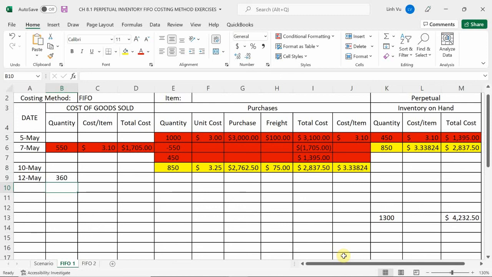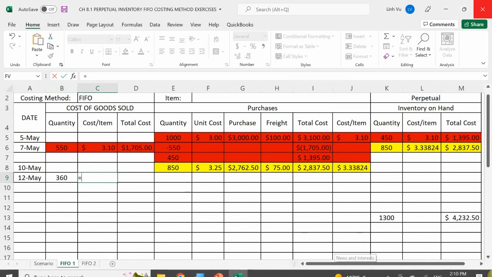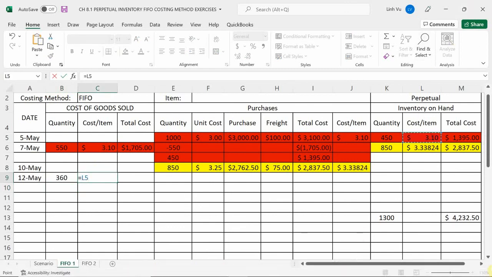Looking at that, color coding wise, my red batch, is that enough to cover all 360 units? Yes, it is. So in this case, my cost per item for my red batch is $3.10. So I need to solve to tell me how much it's going to cost me to sell 360 units at $3.10.